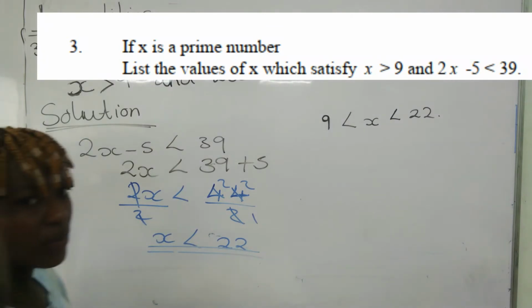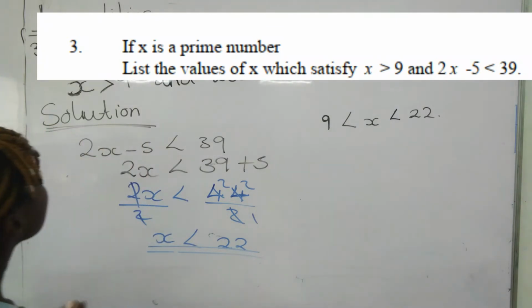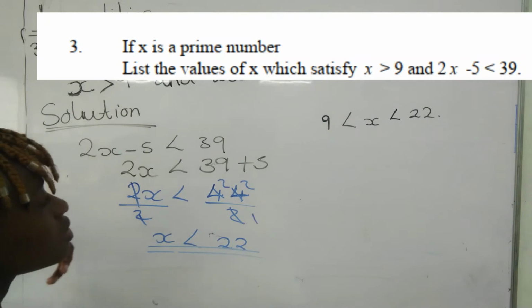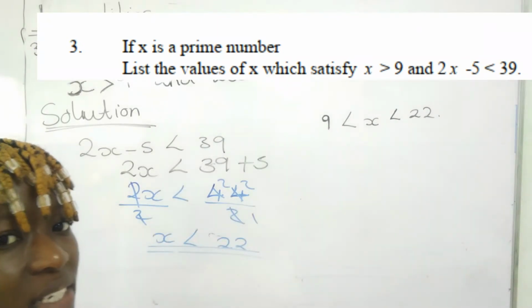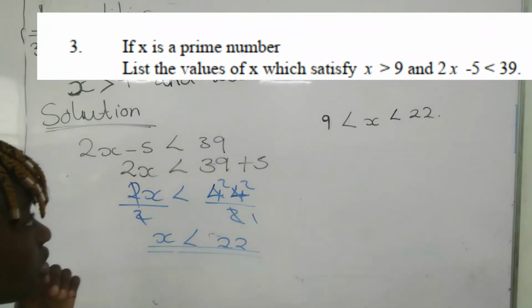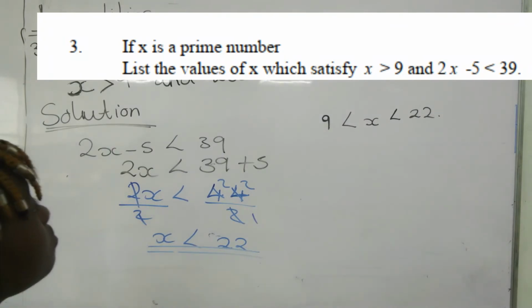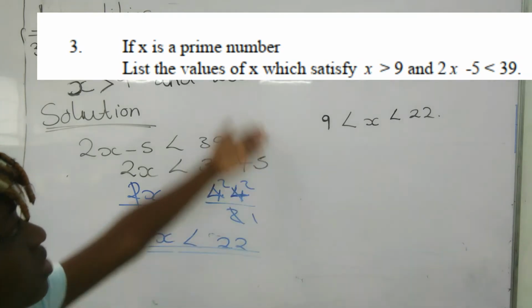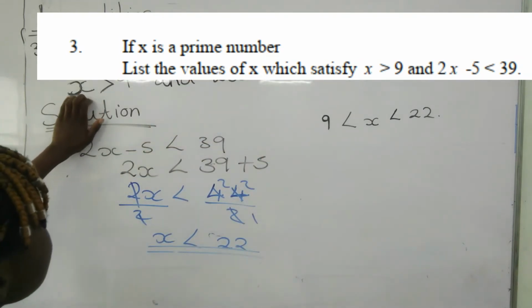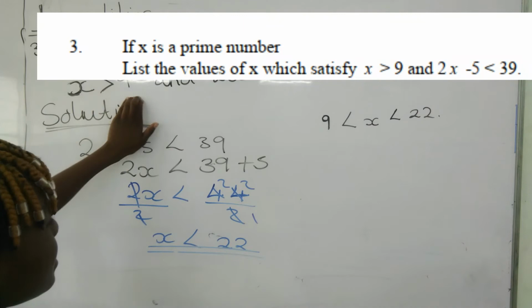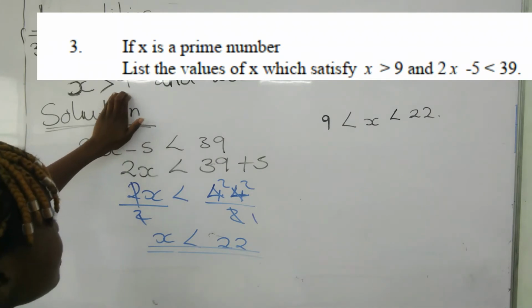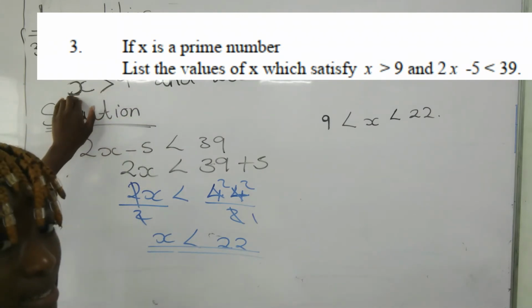What did we do there? You actually have to find the sense of the greater than and the smaller than, so that you don't just cram it if you see it like this. For this one, it's saying x is greater than 9, meaning that 9 is less than x.